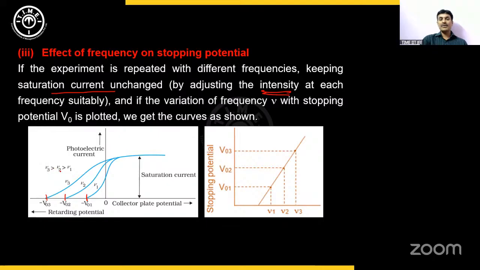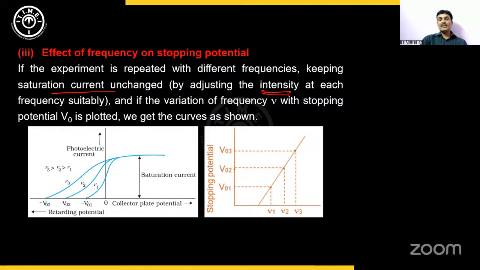Nu3 is greater than nu2, which is greater than nu1. Proportionally, V03 is more than V02, which is more than V01. So with an increase in frequency, the retarding potential also increases. But as long as the intensity is maintained constant, the saturation current remains the same for all three radiations.